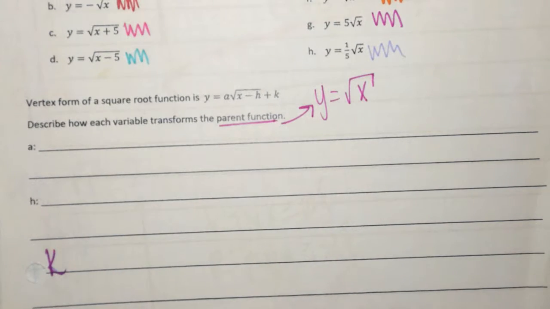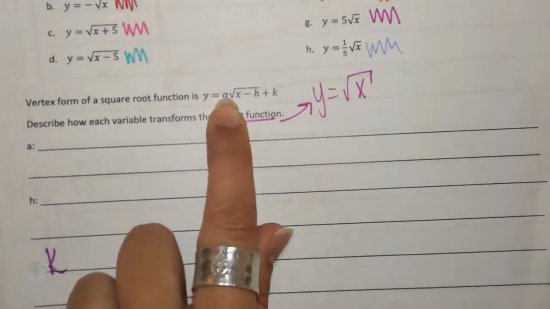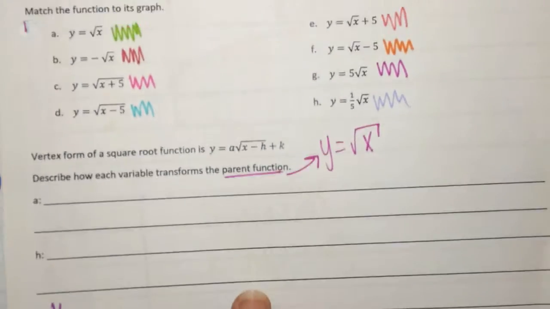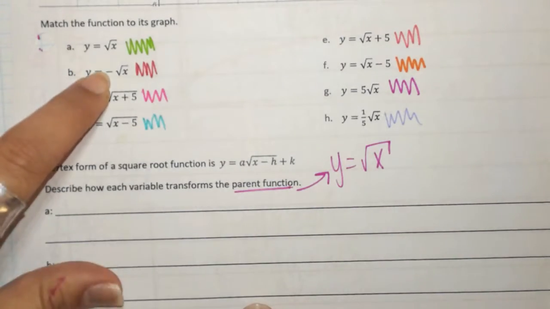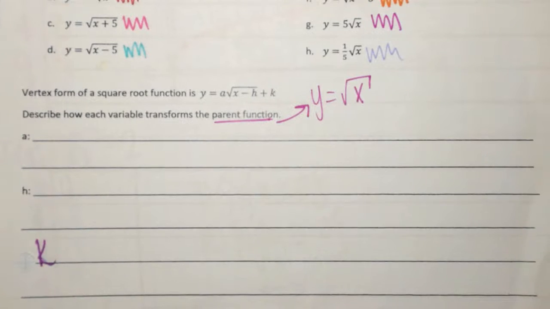Now it's asking what each letter does. So where is A? A is on the outside, right? So I want you in your own words to look at the ones that we did that had a number on the outside, negative, the whole number, and the fraction. And I want you to tell me what each of them did. If it's negative, what did it do? If it's a whole number, what did it do? If it's a fraction, what did it do? Go, do it without me. Tell me what A does to it.